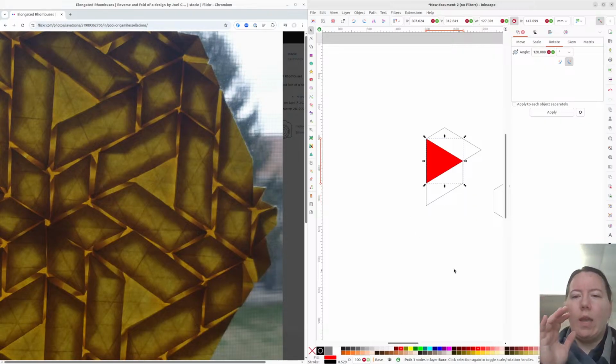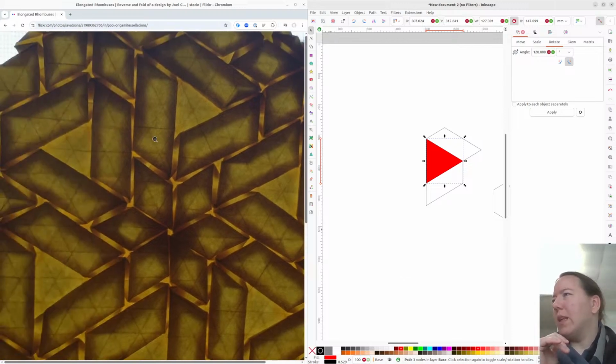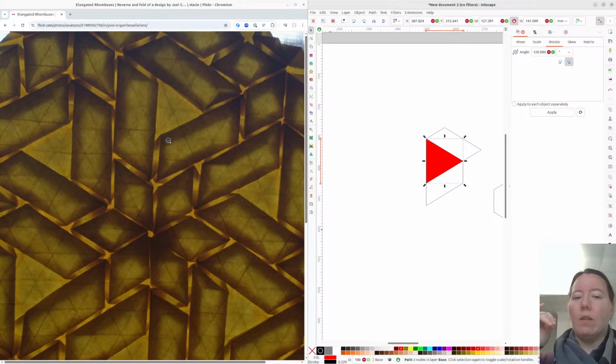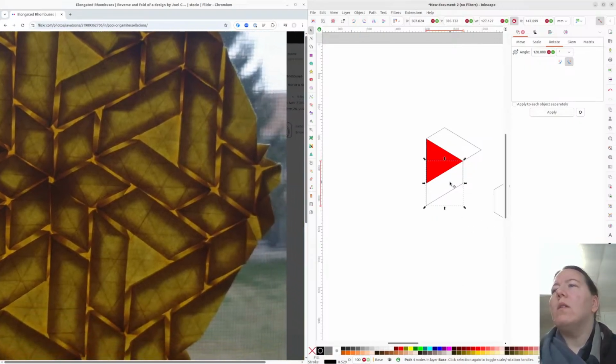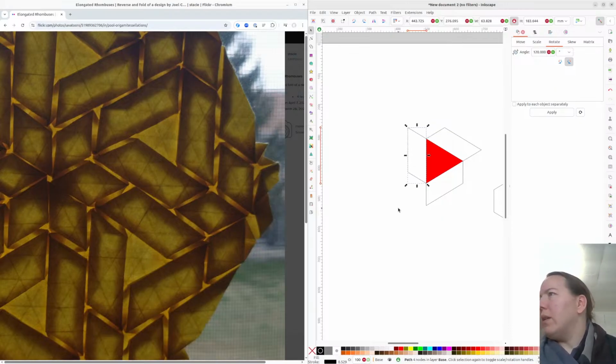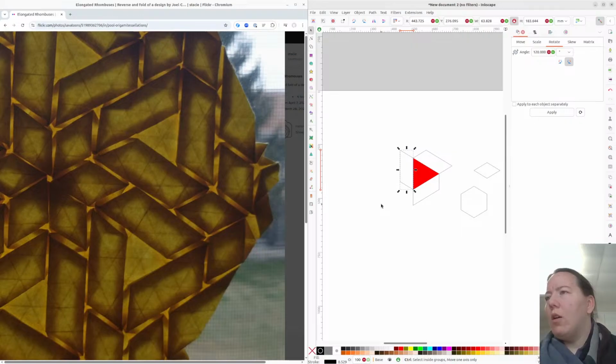Because I'm looking at the mixed depth rhombus, and particularly that one pleat that's heading into the triangle, and saying, okay, that's a left-handed twist. So I've got that arrangement for my mixed depth rhombi.